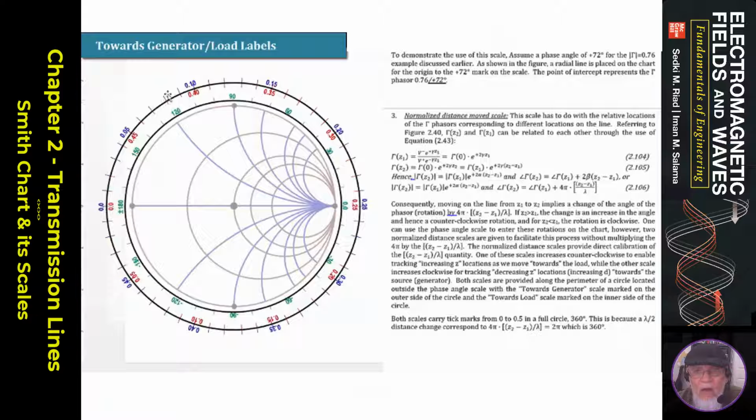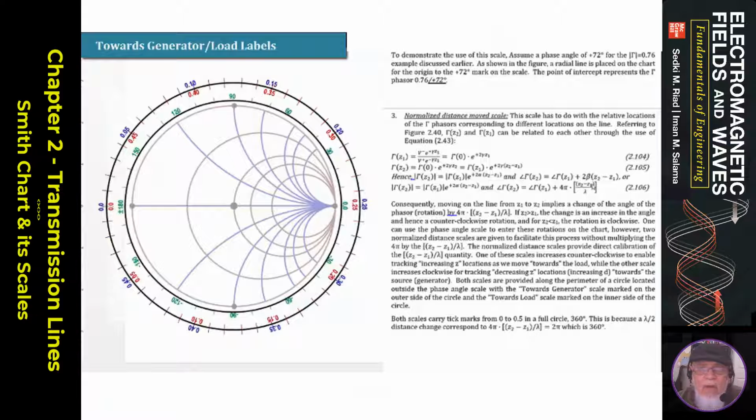So as the blue scale increases this way, the red scale increases the opposite way. Again, it goes from 0 to 0.5 in a linear fashion. It's an angle. And as we move this way, the angle is increasing.